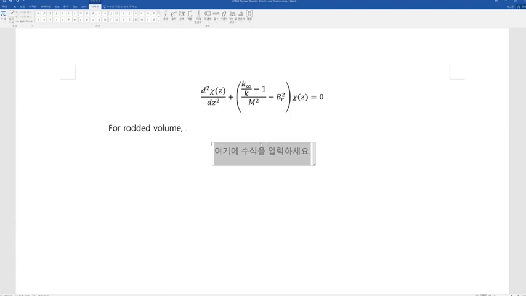So we are going to assume that the k infinity of the roded volume will have some slight difference.